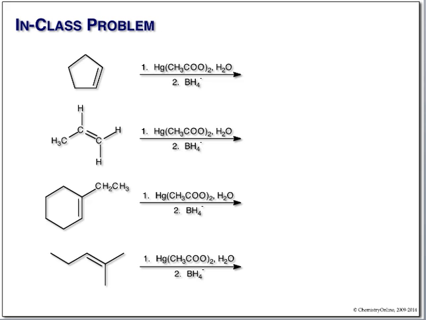We're simply going to put the hydroxyl group on one of the sp2 carbons. Here's our secondary carbon, here's our primary. Hydroxyl group will go to the secondary because that's the most stable carbocation.